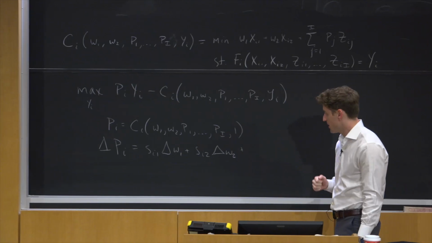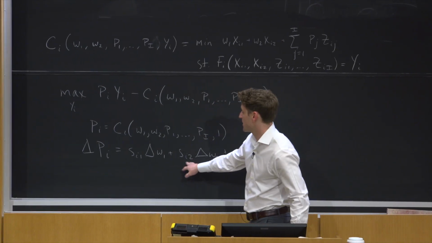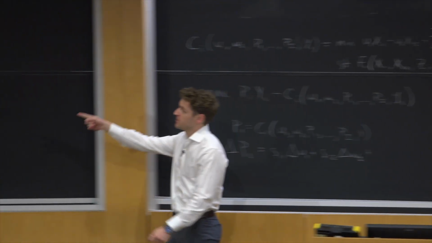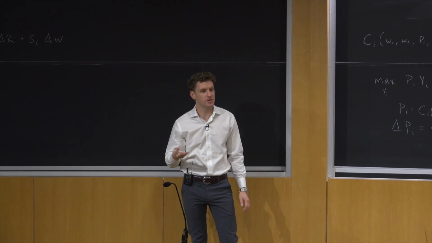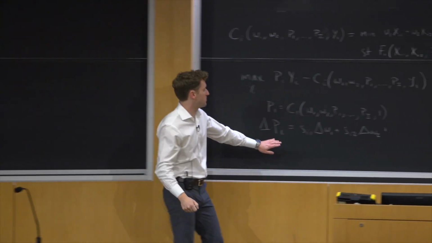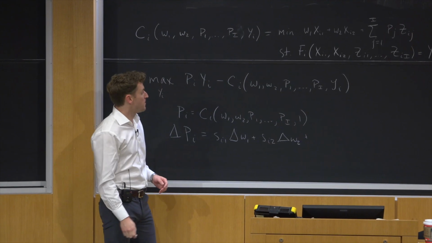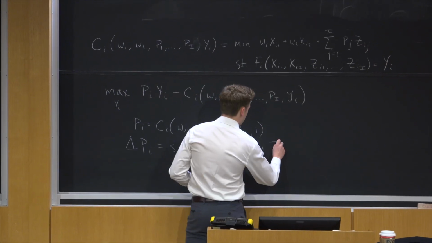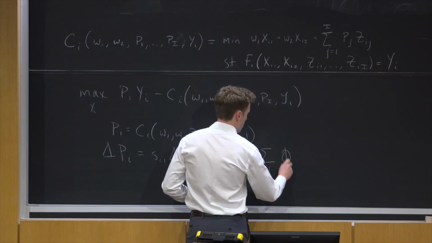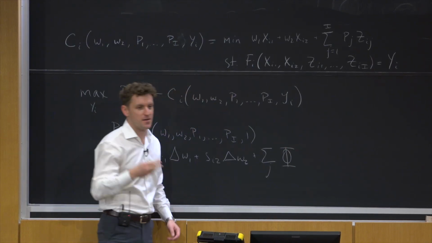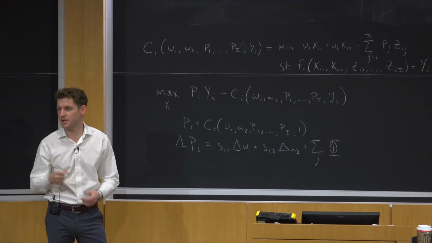plus, now here I'm going to define some new notation. So these shares, I'm going to keep using the same notation that we used over here, just in a clear way to keep track of the industry that's using it and the factor that it's referring to, which is here 1 and 2, rather than capital and labor. Now when I move to intermediate inputs, and you'll see why this is the case, I'm going to switch to this notation, big capital Phi, which is going to be a matrix, keeping track of a lot of different things.